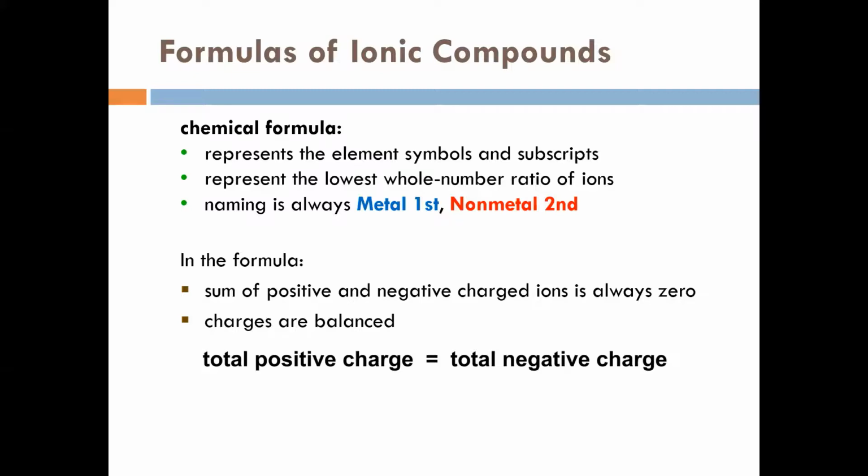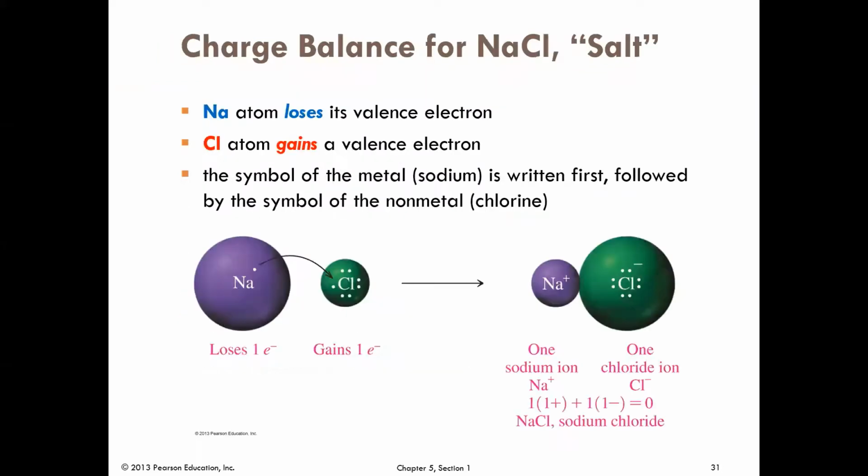They're charge balanced. So instead of being Mg2S2, it's actually just MgS, okay? They're one of each. Now in the formula, we have to remember we are a sum, so our actual compound is the sum of all the positive and negative charges, and it always has to sum up to 0. So the charges are always balanced.